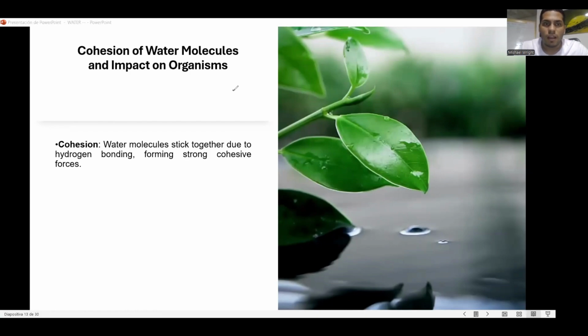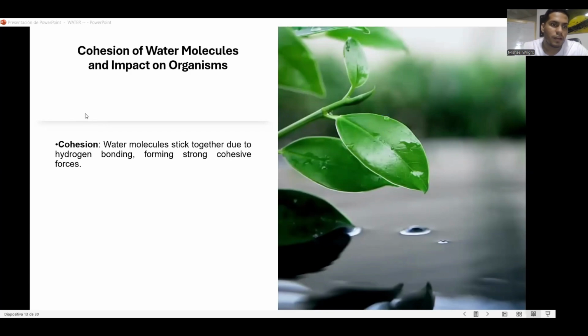That's why, when it's raining, the water droplets have a spherical form: the different water molecules are sticking to each other, bonding to each other. If you analyze this drop of water, it has a spherical shape. That's due to cohesion.